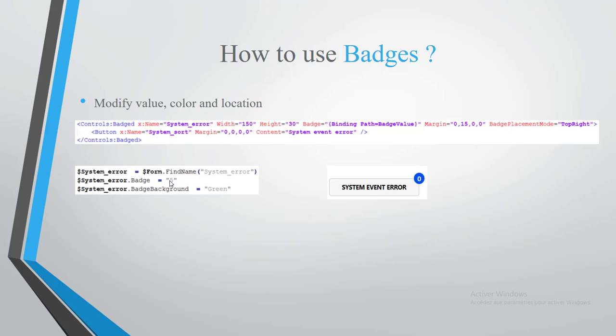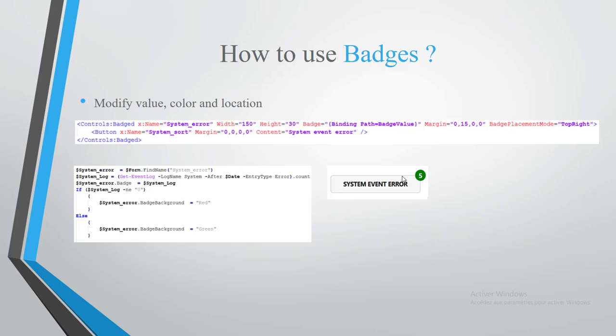If I want to change the value of my button, for instance to 5, I change 0 to 5 in my badge attribute. If I want to change the color of my badge, I use the badge background attribute. I change blue to green like this, and this will give this kind of GUI.